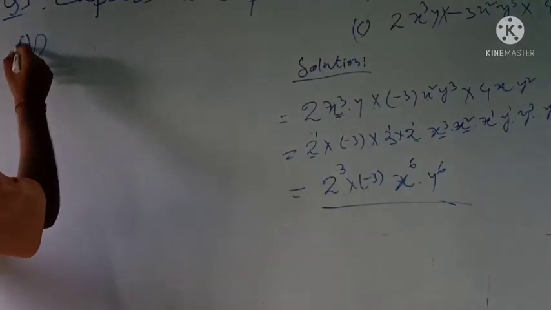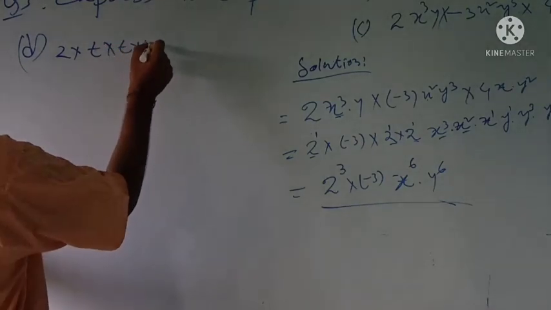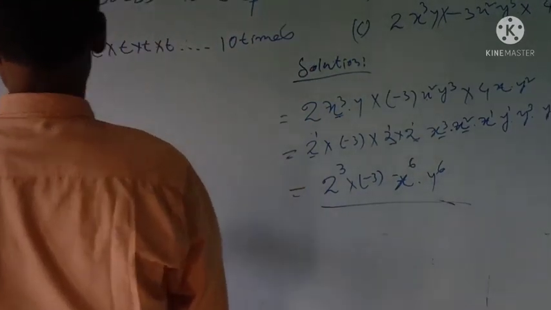Sub-question D: 2 into t into t into t into t, 10 times. Okay.